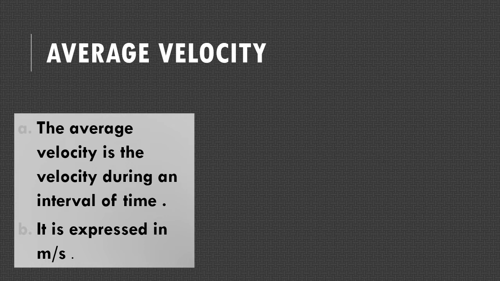How can we differentiate between the average and the instantaneous velocity?